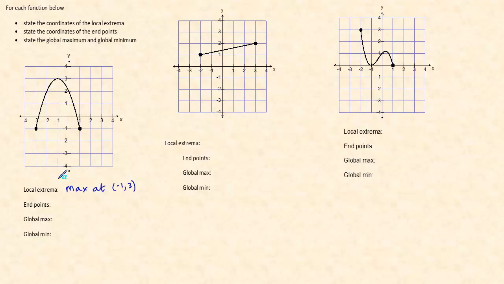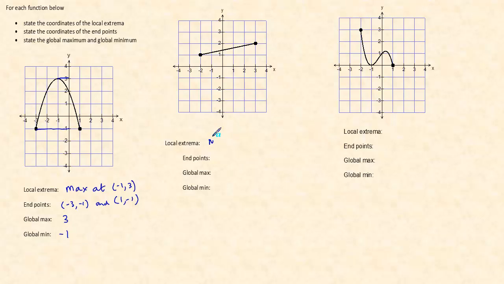Our endpoints are at -3, -1, and at 1, -1. So the global max is 3, and the global min is -1.